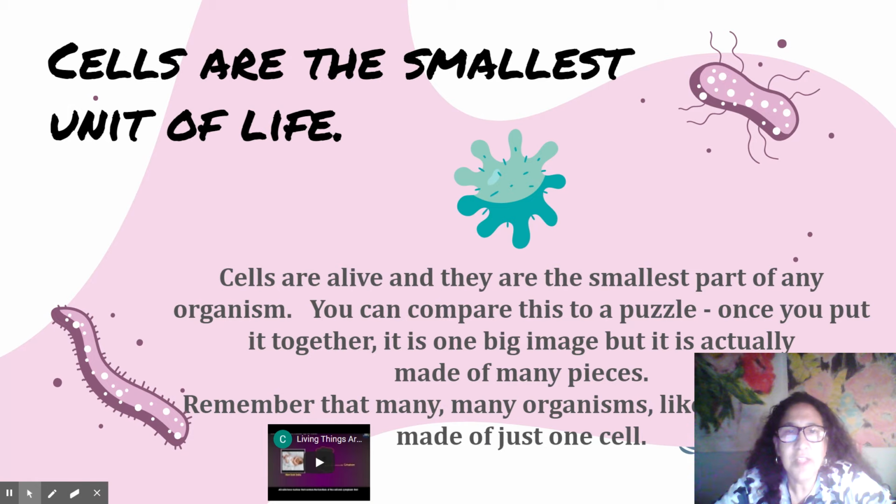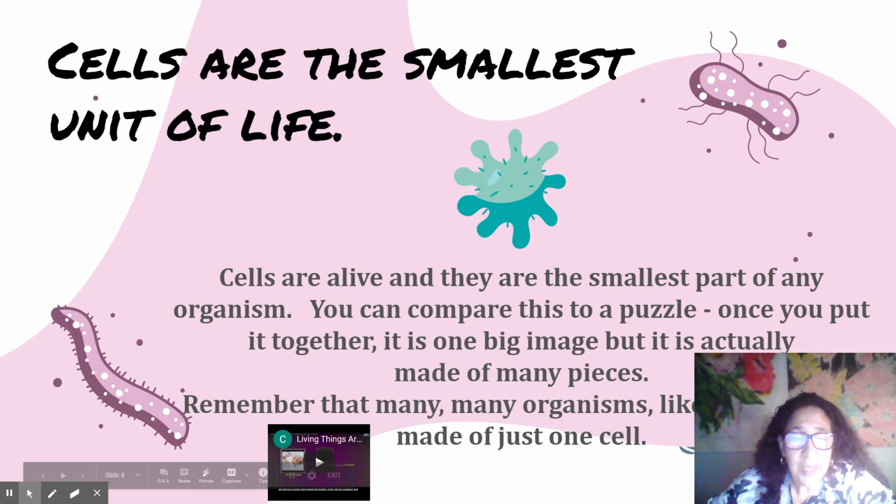Living things are the same way, except for bacteria that could only be one cell. But plants and animals, for the most part, are made up of billions and billions of cells that come together and make a whole organism. So the smallest thing that's alive are cells. Again, cool video down here waiting for you.